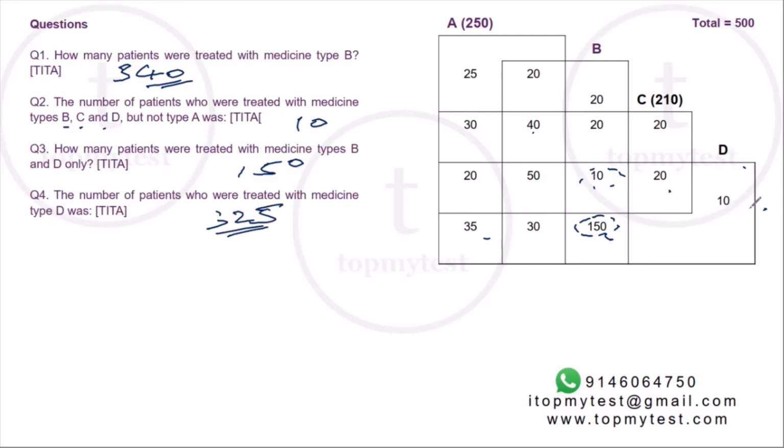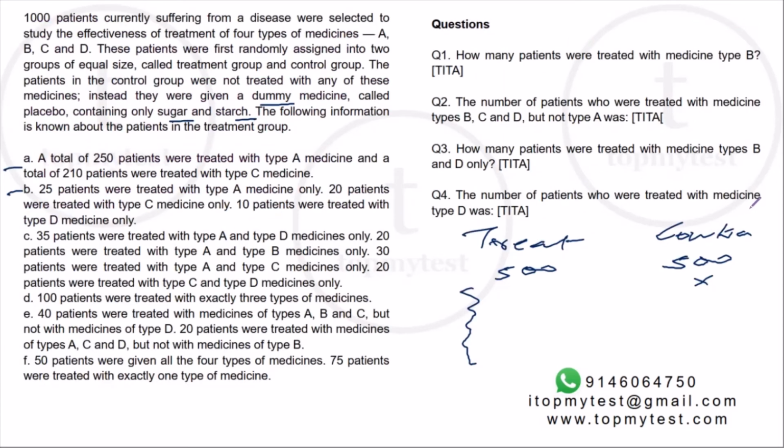So this is a pretty straightforward question, right? There are two things where you need to be careful. The 1,000 people, you already have the none given in a slightly different format, which is the control group, given as groups of 2 equal size. So the control group is the region which is outside of each of these medicines.